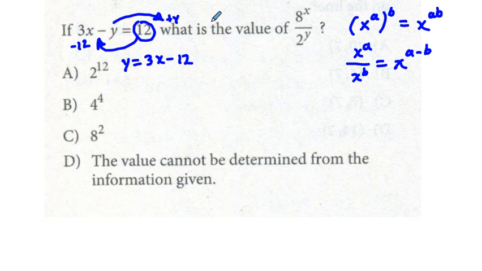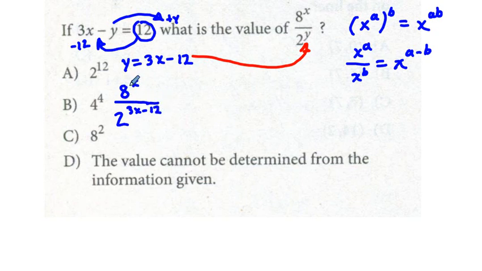And so now we're going to take this 3x minus 12 and substitute it in for this y here. And so now, rewriting, we have 8 to the power of x over 2 to the power of now 3x minus 12.